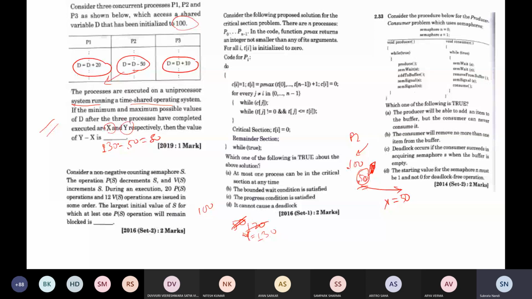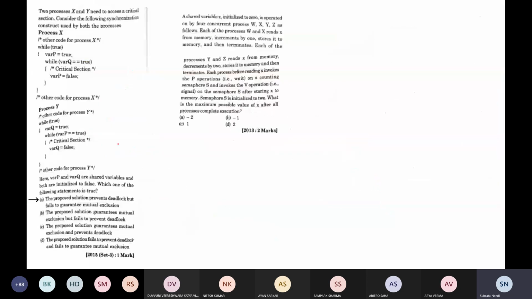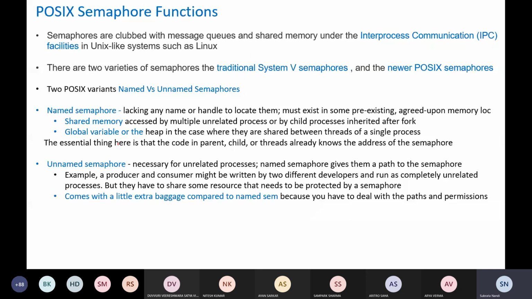Okay, so I think these are pretty simple. The rest, you can continue with like this, and there are a few more examples. So the point is, we have talked a lot about data access synchronization using algorithmic approaches, and you will find there are some questions that do not use semaphores at all.